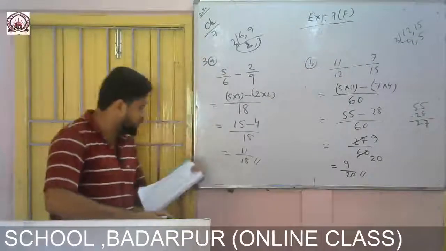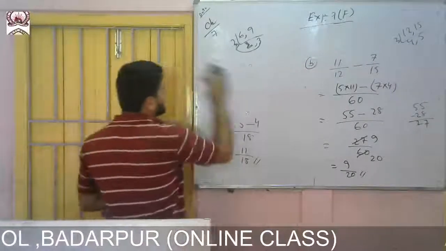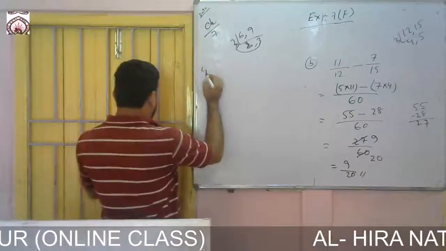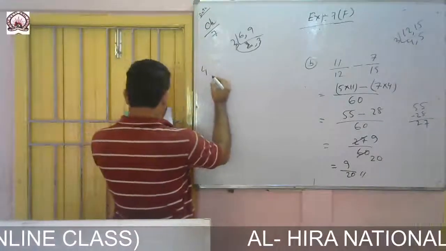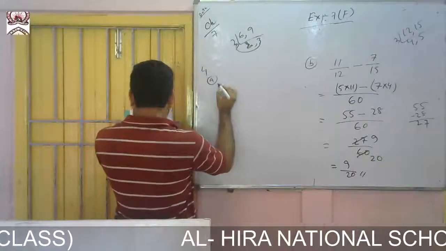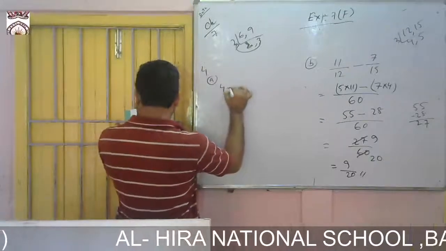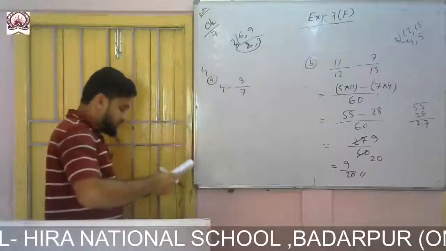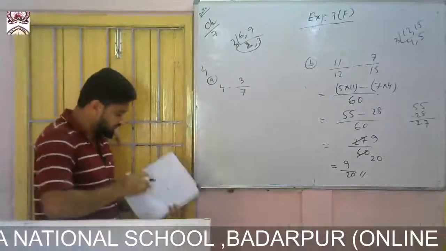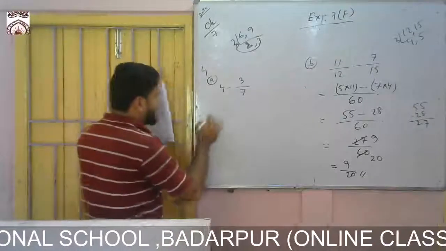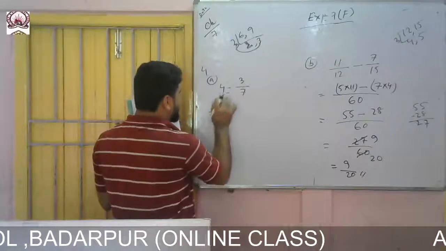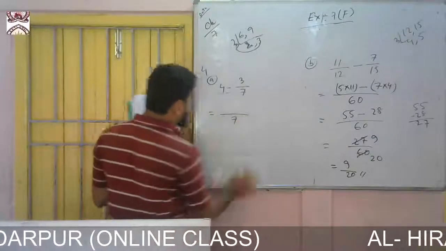Now come to question number 4A. What is there? 4 minus 3 by 7. If you take LCM, then 1 and 7, the LCM will be directly 7, because we cannot divide.